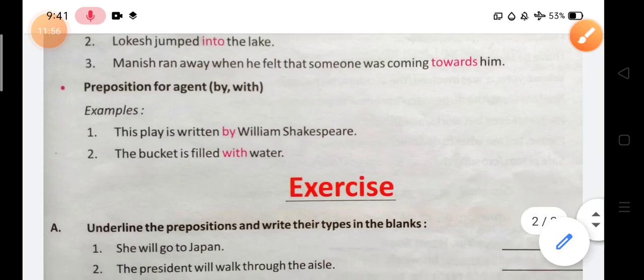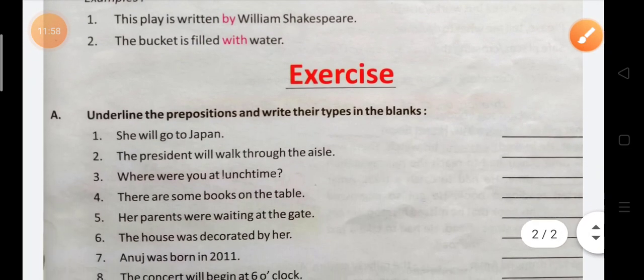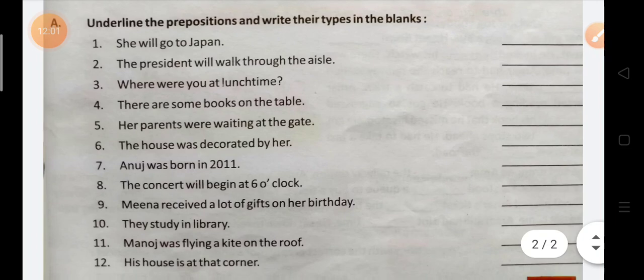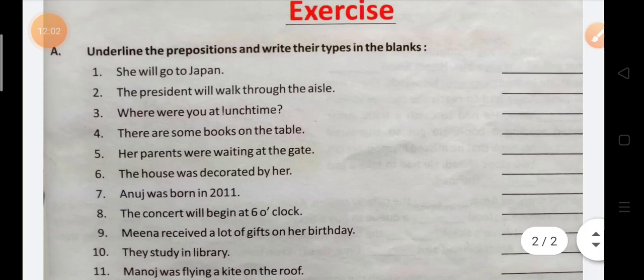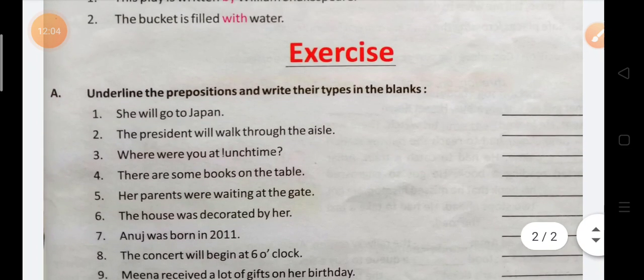After that, you will find over here the examples that are given. So very first, you will read your whole chapter thoroughly, and then you will try to solve these exercises by yourself after reading the chapter thoroughly.